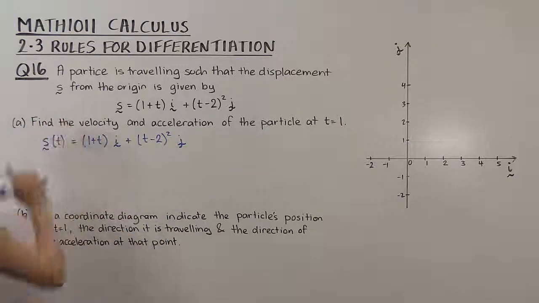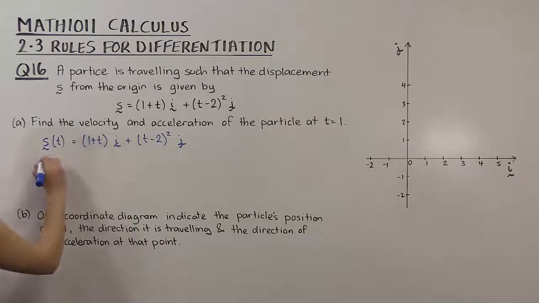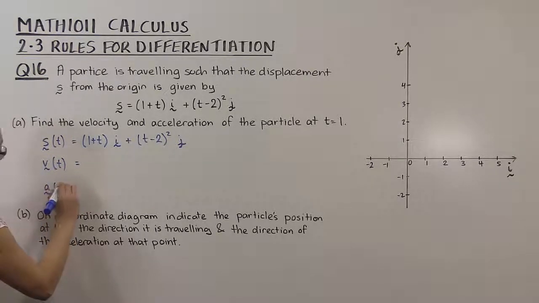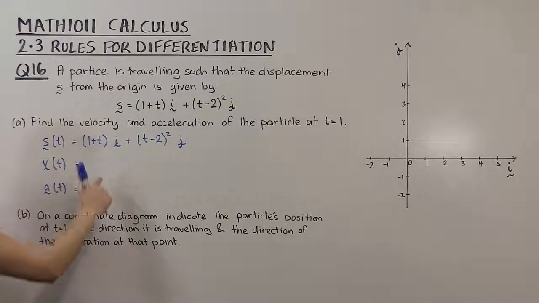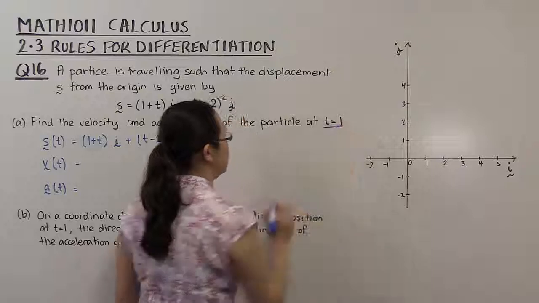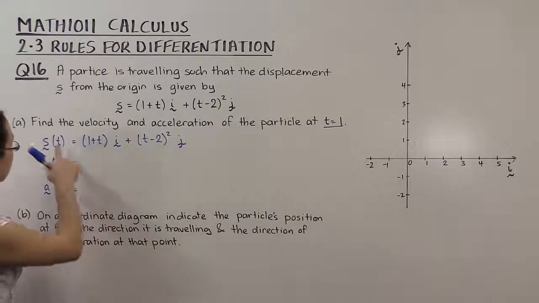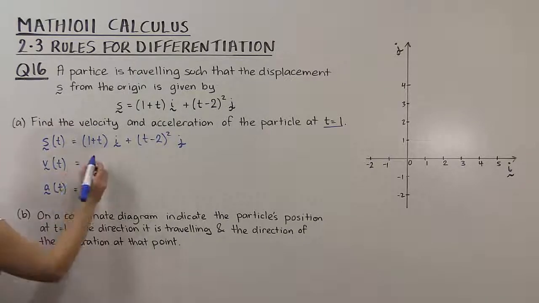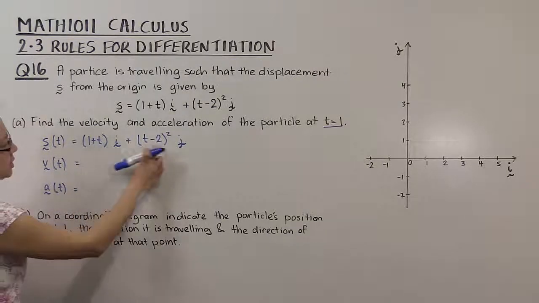Part A asks us for the velocity and the acceleration at a particular time. First of all, we need to determine the equations for the velocity and the acceleration, and then we'll plug in t equals 1 after that. Remember, velocity is just the derivative of displacement with respect to time, but this time we differentiate component-wise.